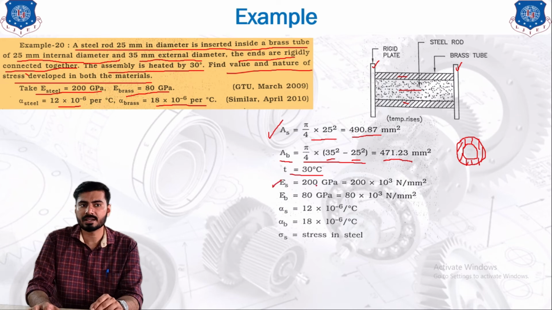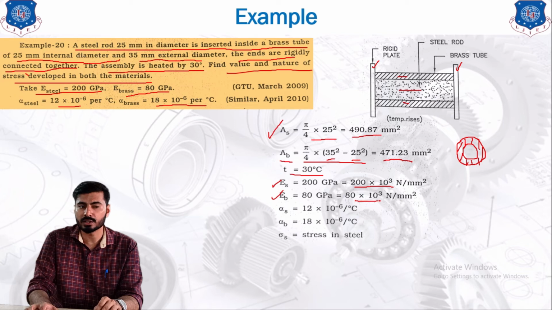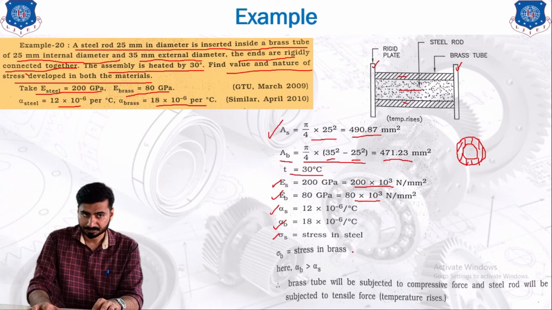The delta T value is given as 30°C, which is nothing but the temperature rise. Young's modulus is given as 200 gigapascal, which we need to convert into Newton per mm square by multiplying by 10⁻⁵. Also, we have multiplied by 10⁻⁵ the Young's modulus of the brass material. Alpha value is given as it is, and sigma S is the stress in the steel material.